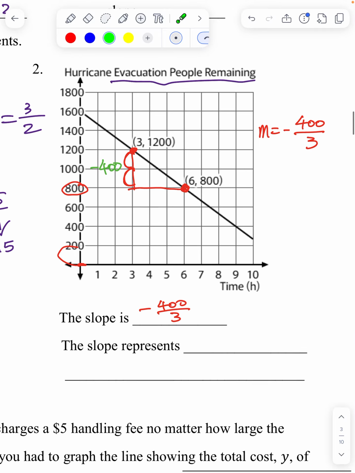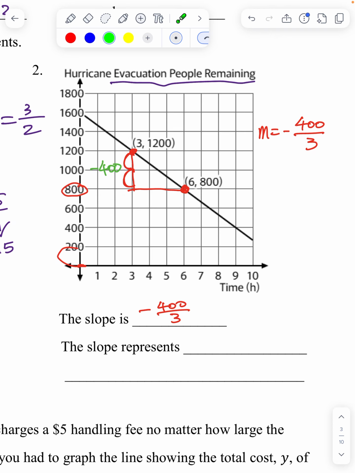So hurricane evacuation, that means as time goes by, there are going to be less and less people, right? The population is going down. People have to escape from the hurricane. That's why we evacuate. Yeah, evacuation, less and less people. So the slope represents 400 people leaving every 3 hours.